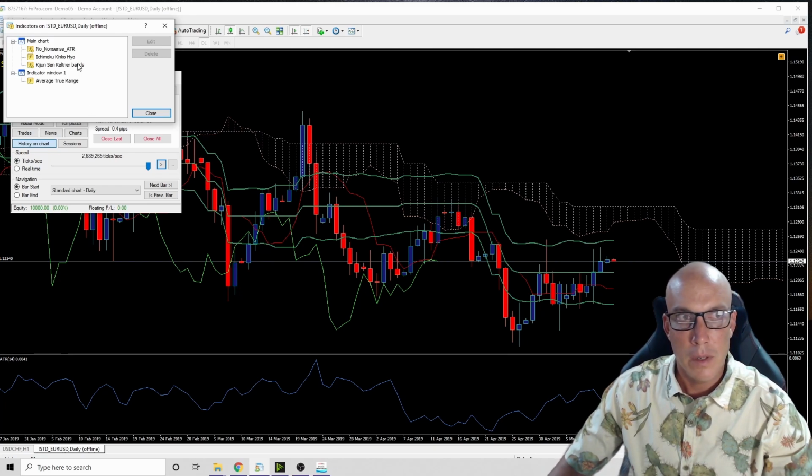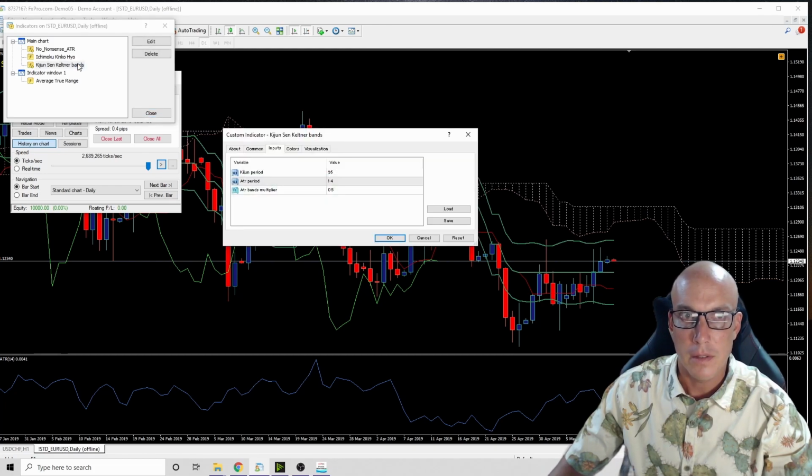But with this one, you've got to do some adjusting because it comes default in some other settings. So the Kijun period, the baseline, is 26. That's the stock. Remember to put the ATR period at 14. And this indicator is a little bit weird. ATR bands multiplier: for some reason, to make a 1 ATR band, you actually have to put it at 0.5.